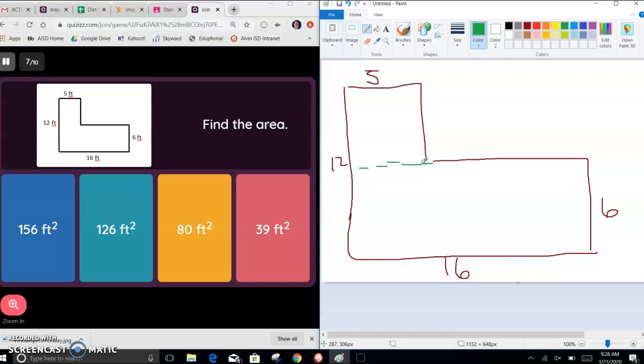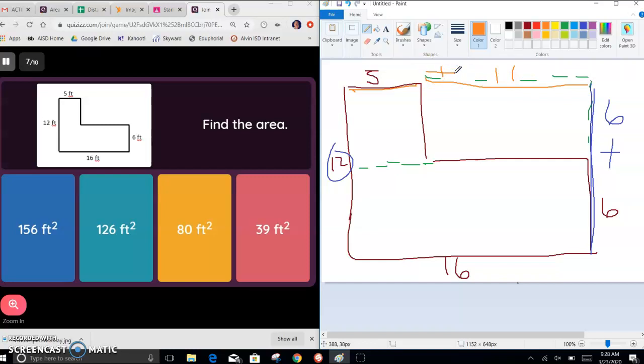But I know that if I were to extend this all the way up here and all the way over here, I would have to make 12 going up and down here. So if this is 6, then this must also be 6, because 6 plus 6 is 12. And I would need 5 plus 11 to give me 16.